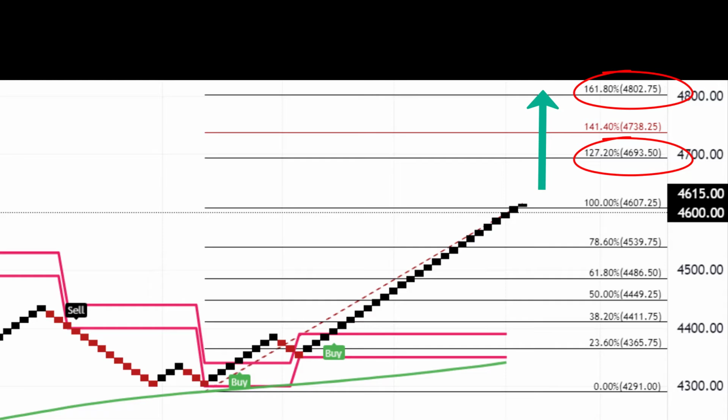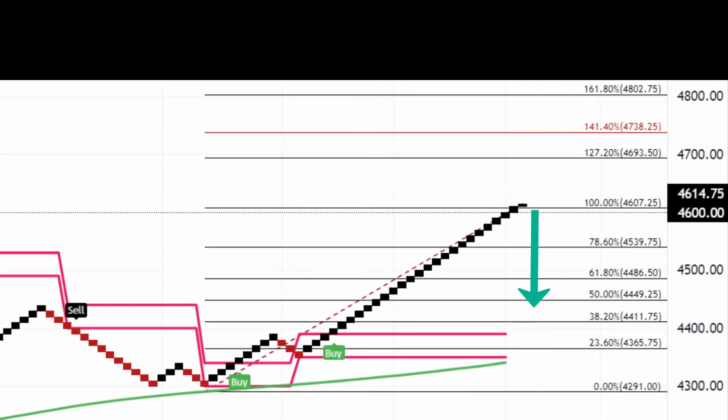Pullback to key Fibonacci number 61.8%, just under 4,500, and then the 38.2 around 4,400. So there could be some shorter term targets for you, but currently the Renko setup very bullish, but maybe possibly starting to feel a bit overbought, overextended. But again, can't argue with the technicals, still bullish.